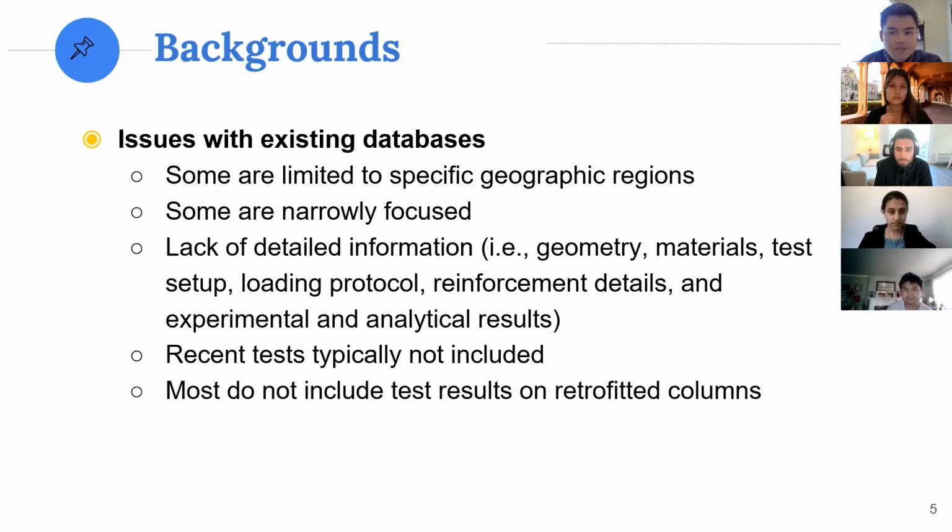However, these databases have their limitations. They are limited to geographic regions, or they are narrowly focused on certain specimens, or they lack detailed information on the specimens. They also don't include recent tests on retrofitted columns.